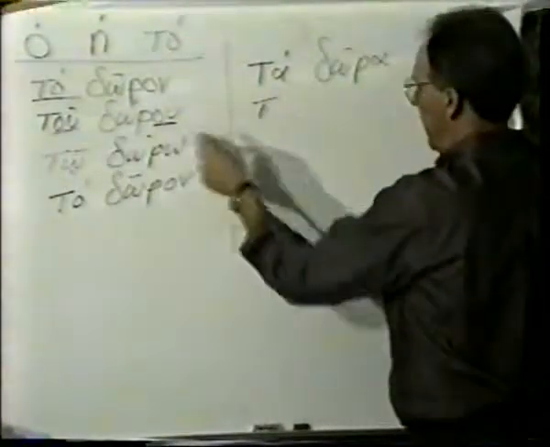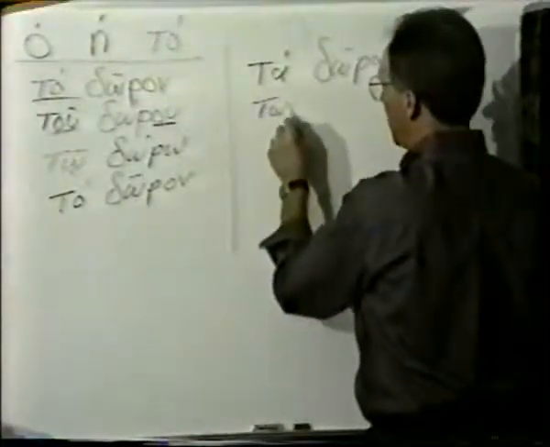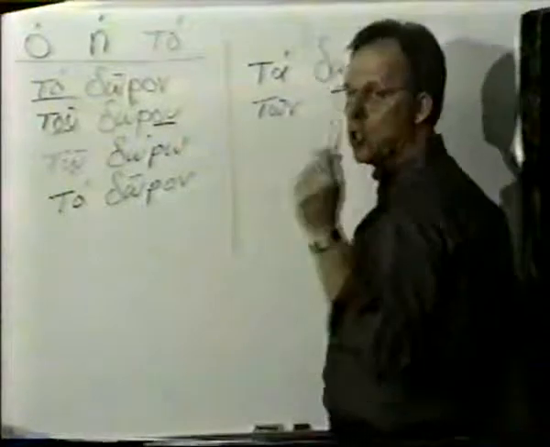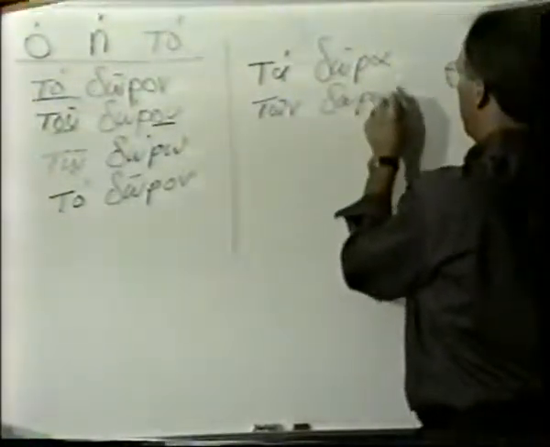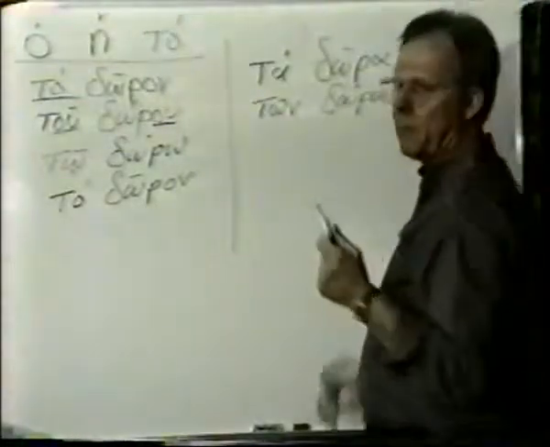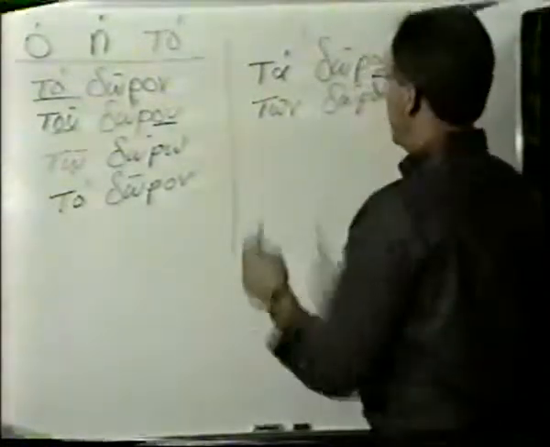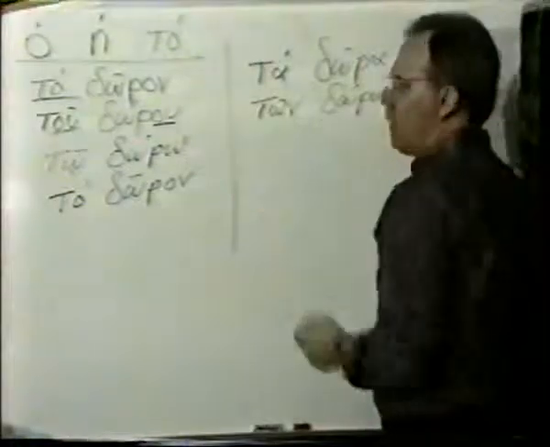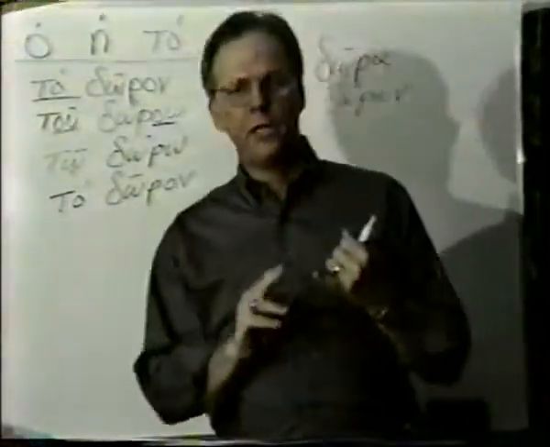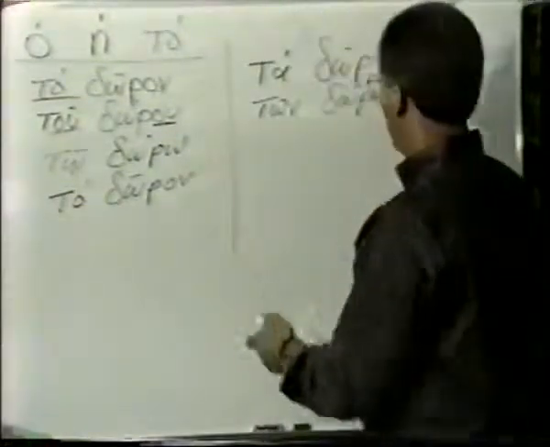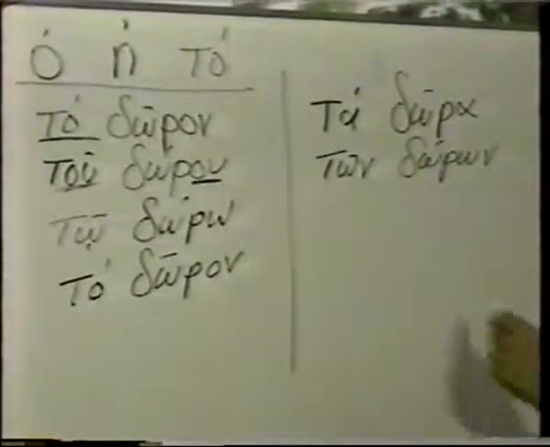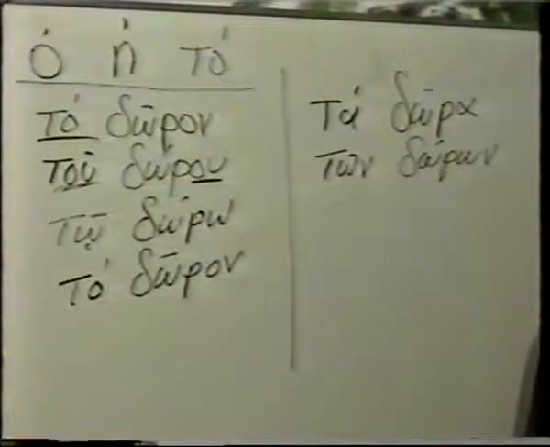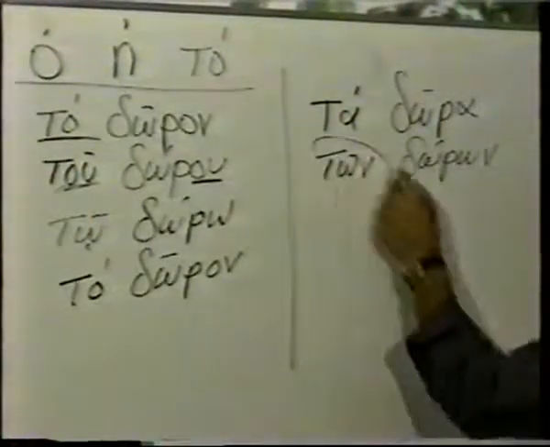This is the genitive case, and now in the genitive case in the plural, it becomes ton. Ton doron. Now notice something, if you will. When we get to this genitive plural, all three of the genders take the same article. It takes the ton. In all three genders, the same article will be used, only in this case here.